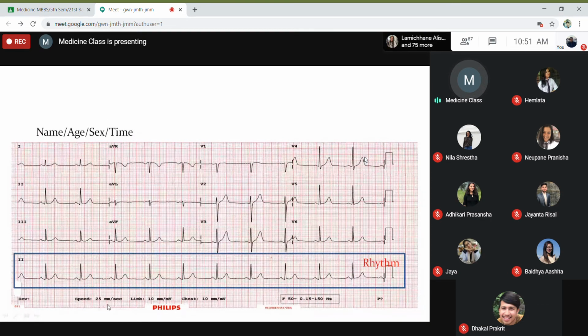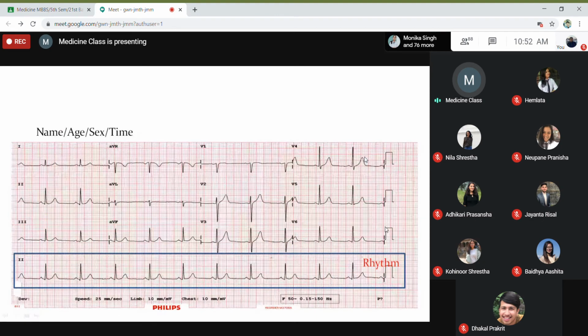And later on, you see the speed of the ECG, that is 25, which is normal. And the voltage of the limb leads as well as chest leads is normally 10 millimeter per millivolt. That means you can look at this sign also.